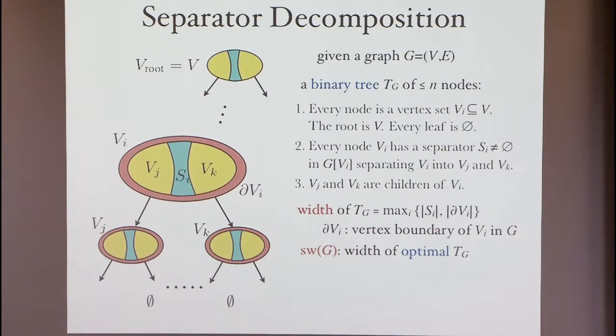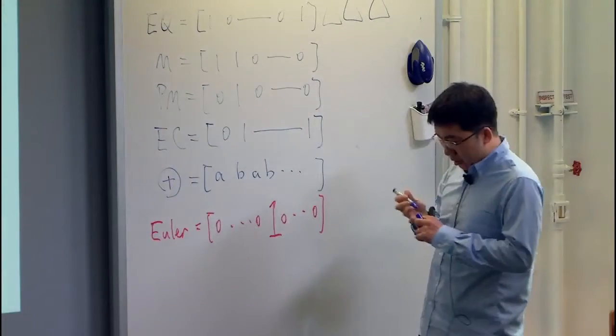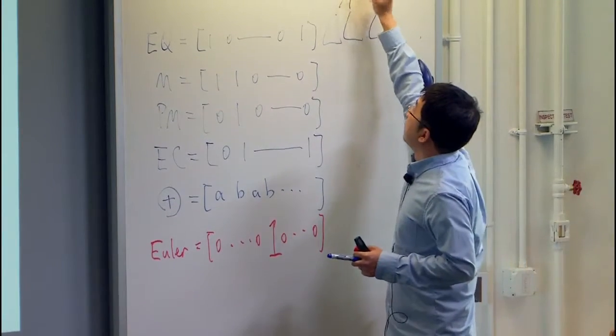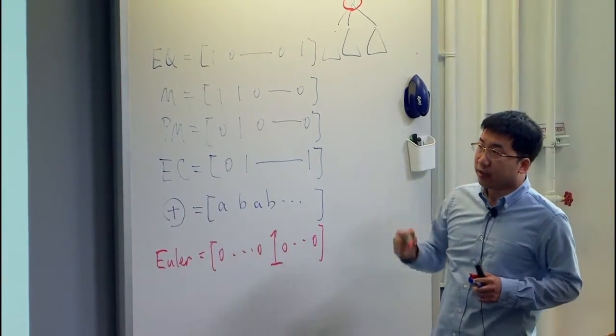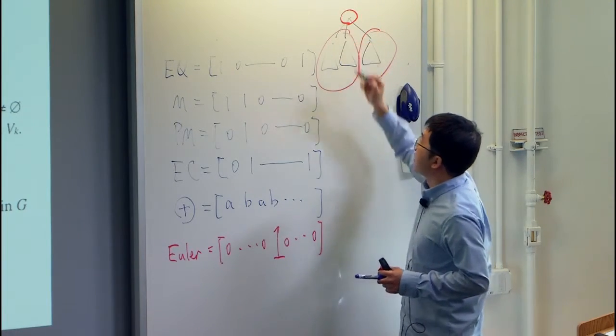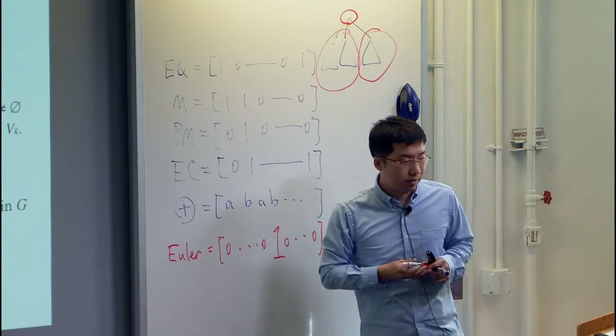So imagine if your graph is already a tree, right? Then the separator should be the root. And every node in the decomposition is a subtree or a subforest, right?